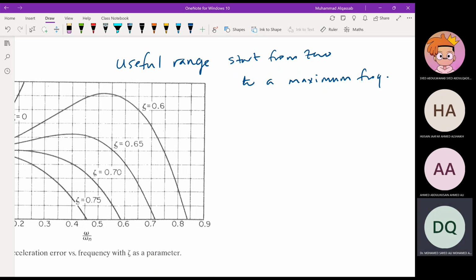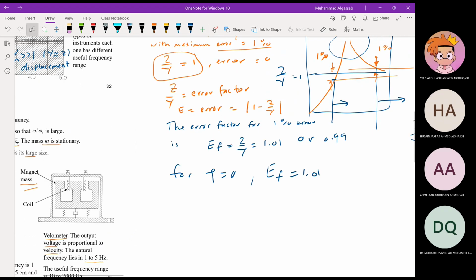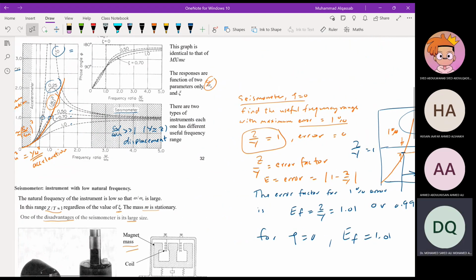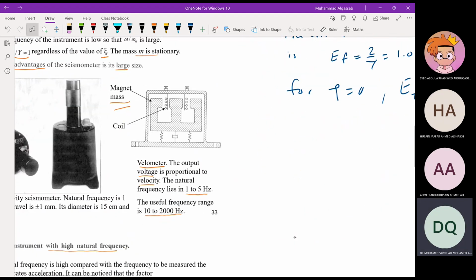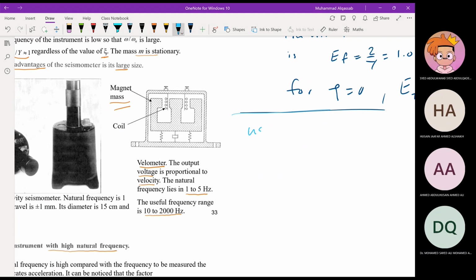In the seismometer, the useful range starts from a minimum value and is open to infinity, as we saw there. Okay, so the useful range here in general does not start from 0.